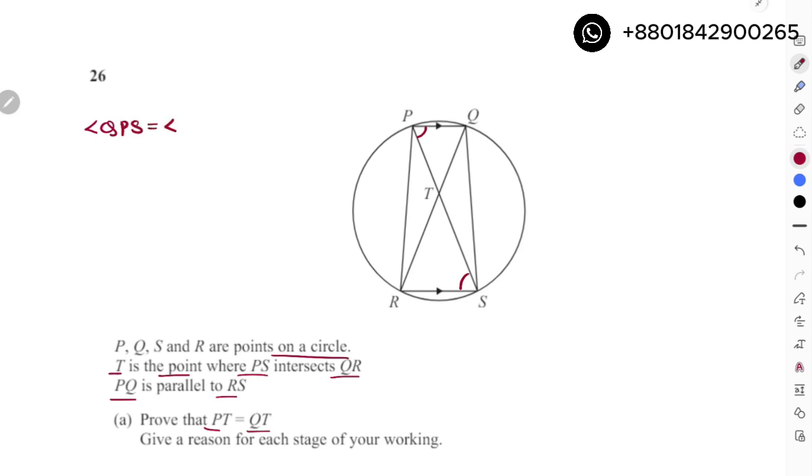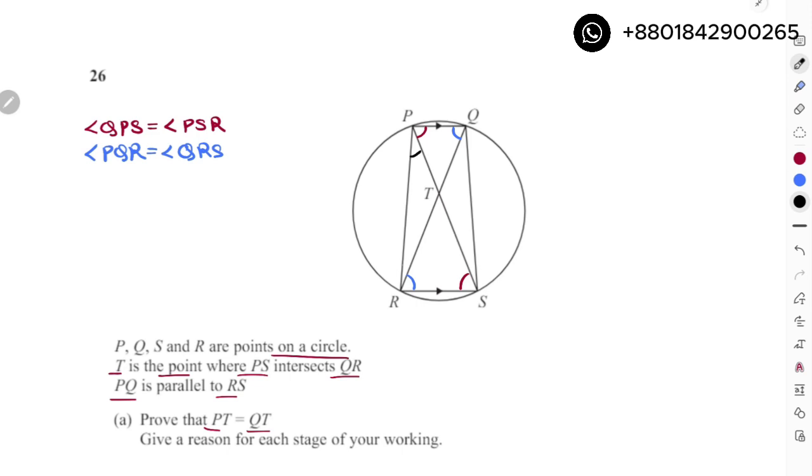QPS is equal to angle PSR, and then again this angle PQR and QRS are equal. One thing to understand, if they are equal, it doesn't mean that they are equal to each other, right?